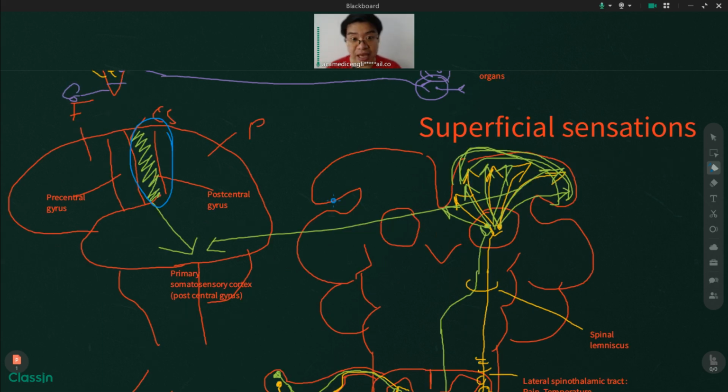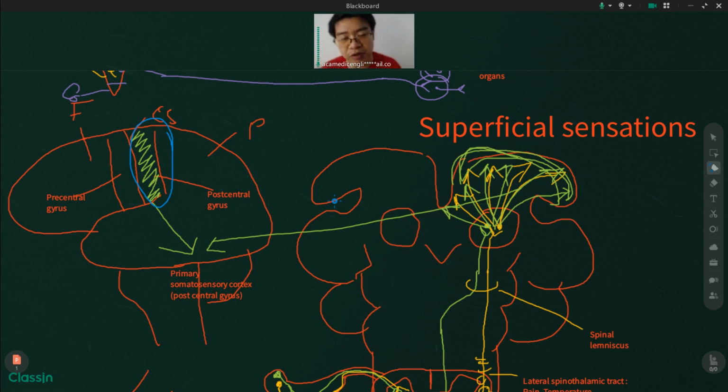So what I'm saying is, in the spinal cord and in the brainstem, the superficial sensation and deep sensations are going to be carried by different tracts, different pathways.